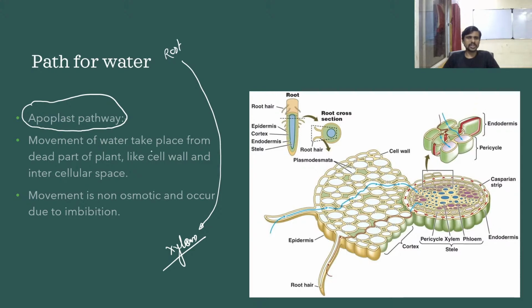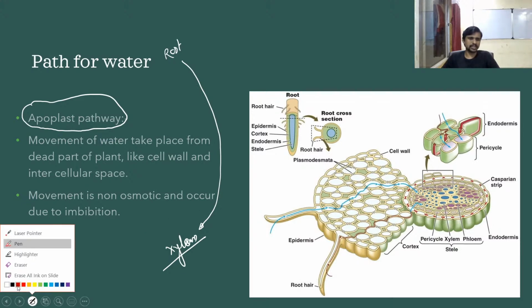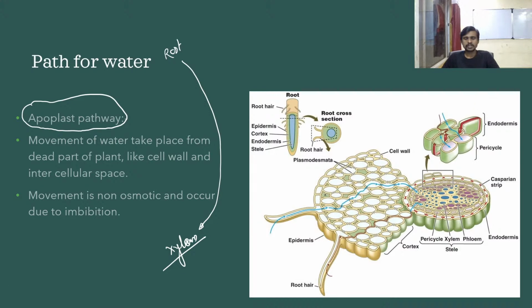Movement of water molecules takes place through the dead parts of a plant, like the cell wall and other intercellular spaces. We know that there is intercellular space between two cells in a plant body, and this space is occupied by different types of material or matrix, but it is not a living part, so it is also a dead part.